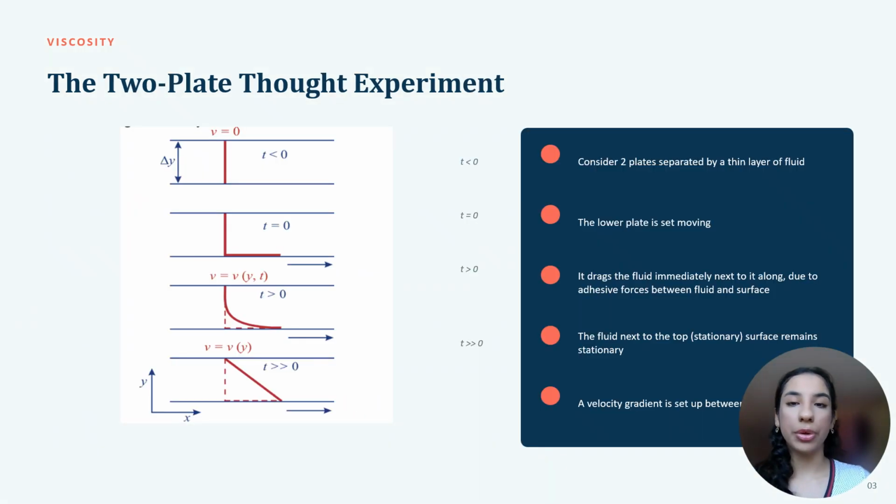So first of all, we're going to talk about what happens if you have two plates, okay? Now here we have four different scenarios of a fluid. A fluid is just a liquid or gas. A liquid is just liquid. My bad.